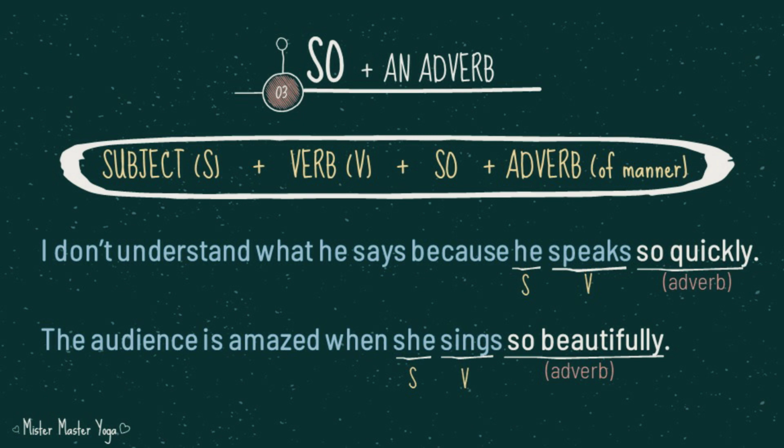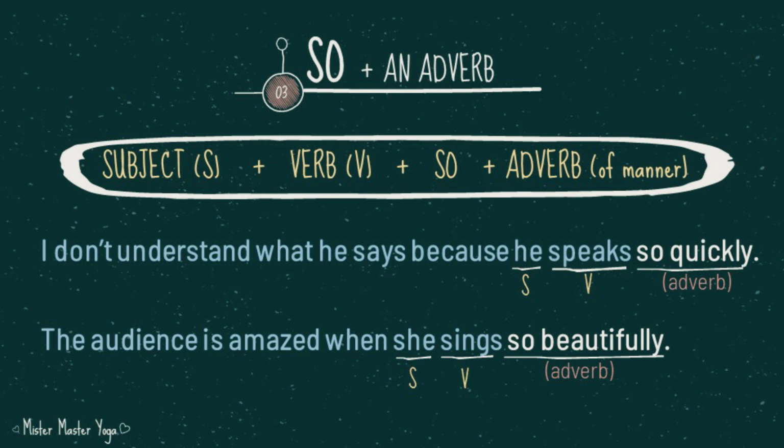He speaks so quickly. So we can use an adverb of manner with so. So we use so with an adverb when the subject in the sentence is doing or acting something, or when the predicate of the sentence is a verb.